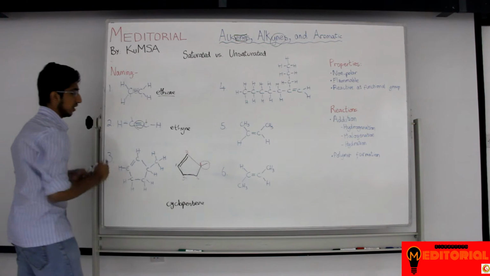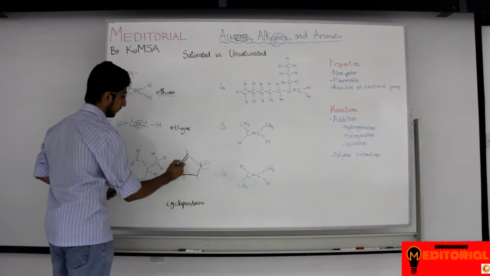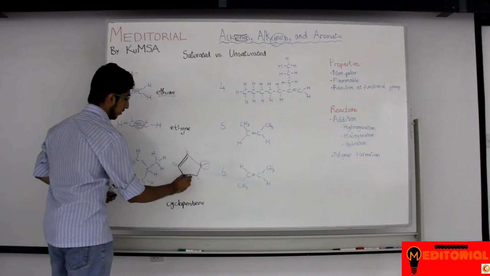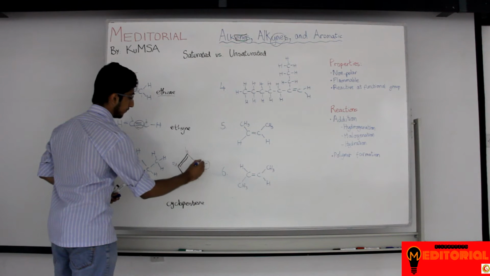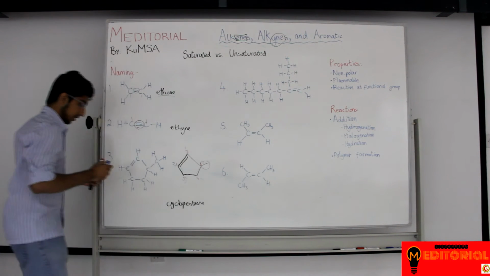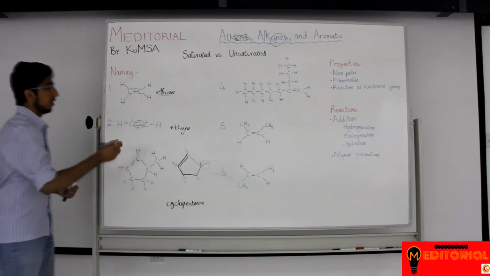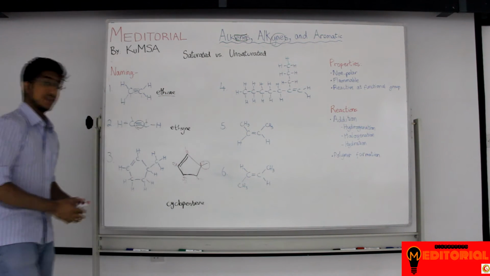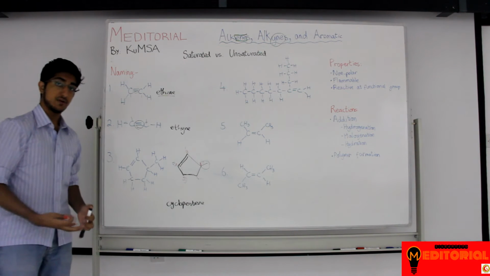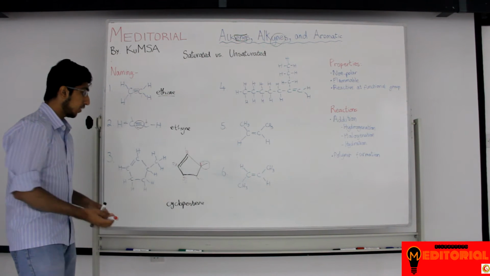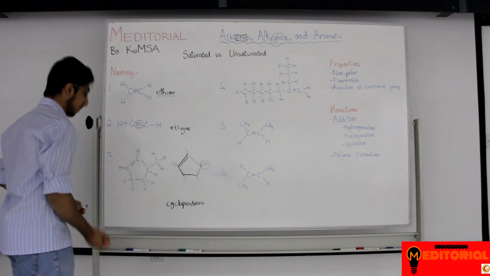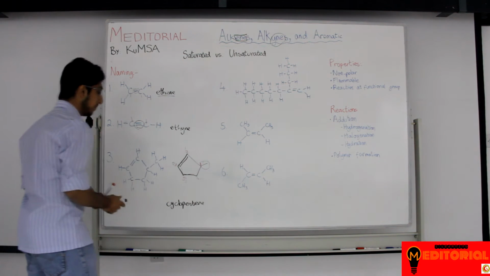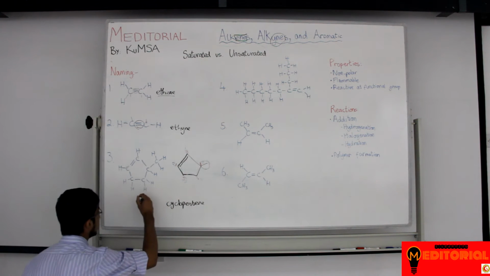What if we go anti-clockwise? 1, 2, 3, 4, 5. If you move anti-clockwise, the methyl group comes at position number 5. So obviously that is incorrect. We want to take the least number, and so we have to move in a clockwise direction, leading us to 3-methyl. So it's 3-methylcyclopentene.